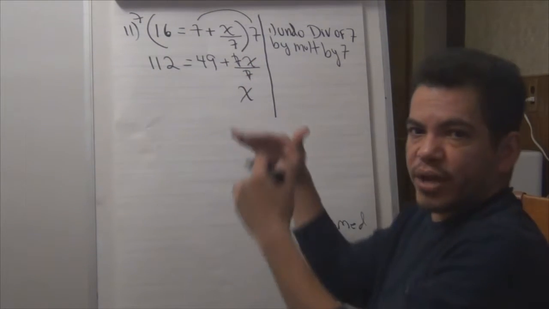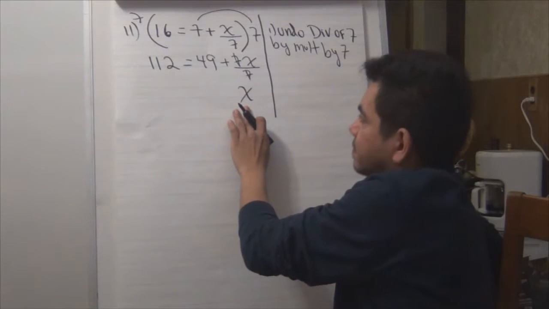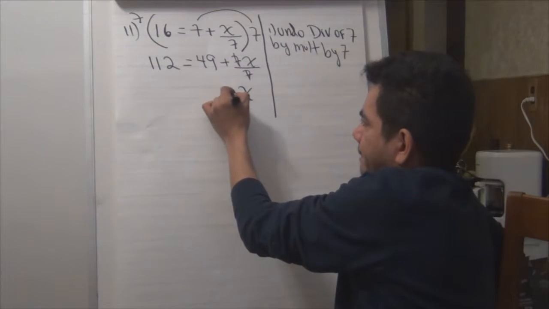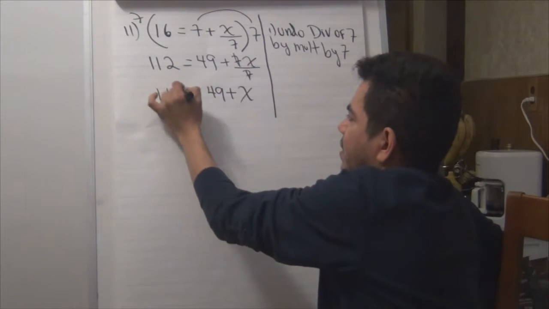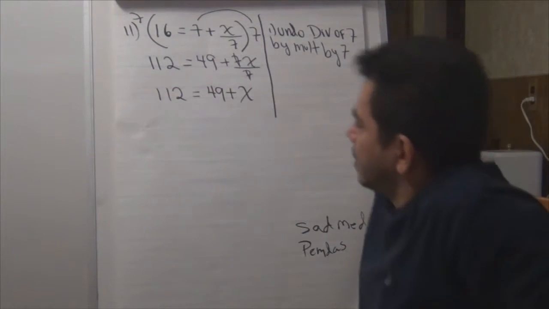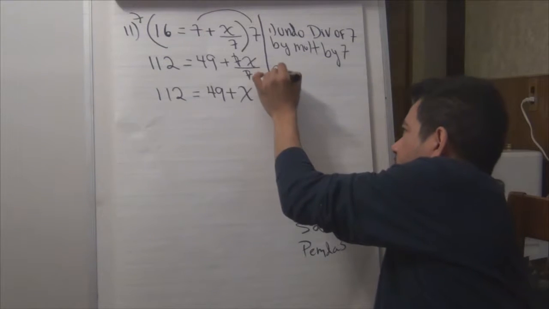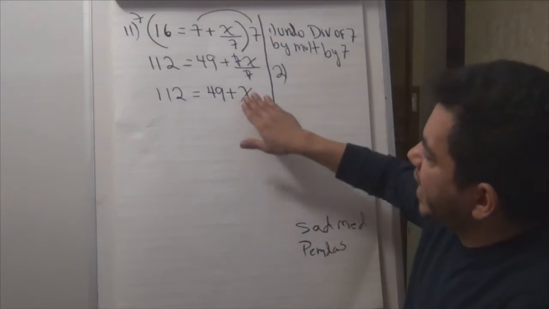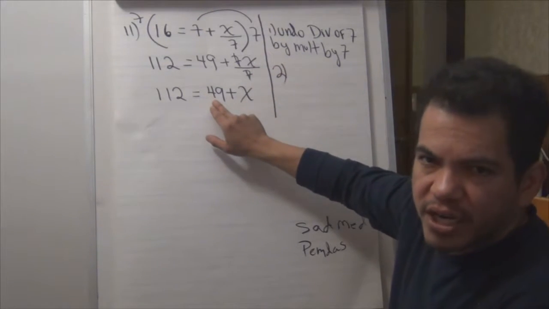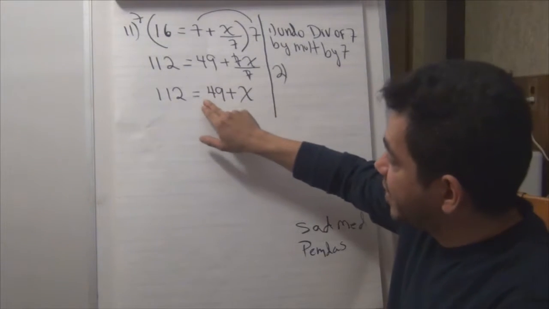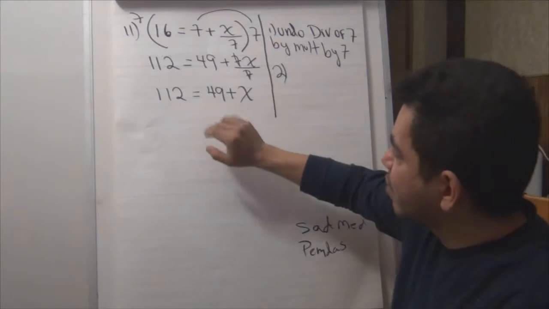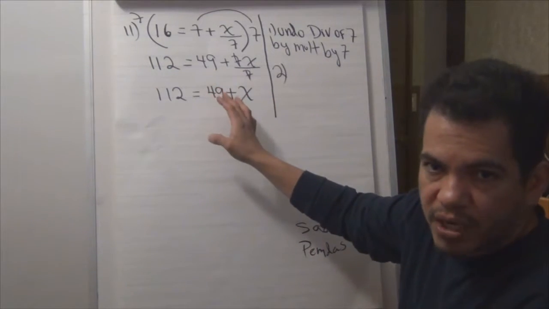So let's bring down what we have left. X, the plus sign, the 49, and then the 112. Okay. What's happening now? Well, x is being increased by 49. Not this one. This invisible positive. That's the one. I could write this as x plus 49 if I wanted to.